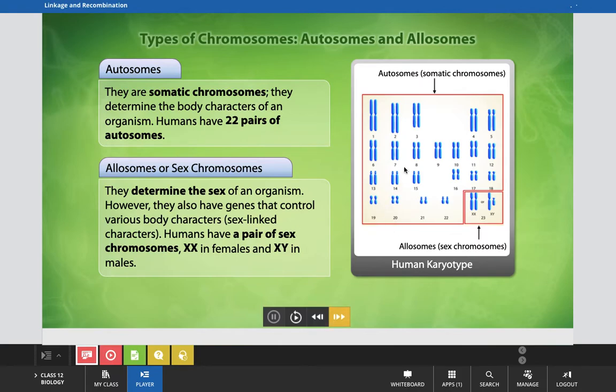Here you can see a human karyotype, and a karyotype is a pictorial representation of all the chromosomes, mapped in different numbers from 1 to 23 pairs of chromosomes, where we can see how these chromosomes are located and present in our cells.